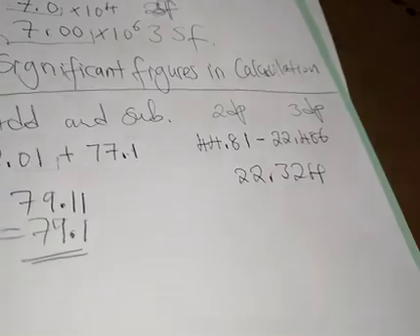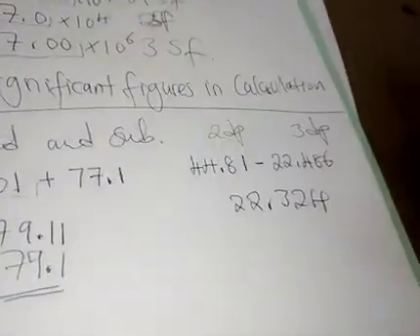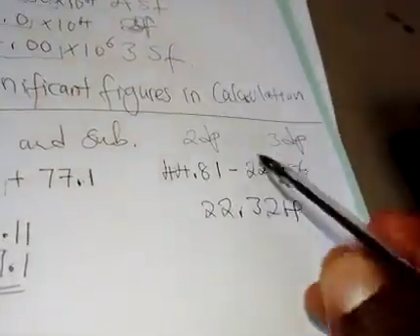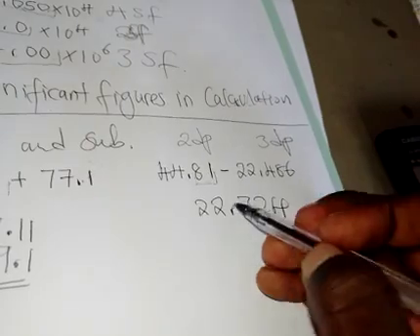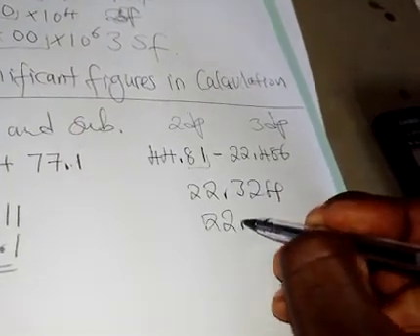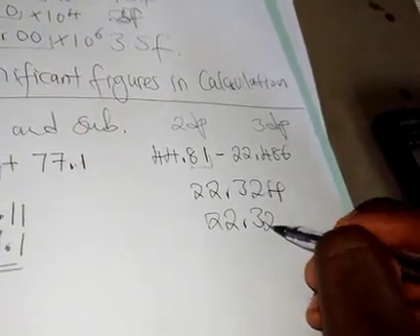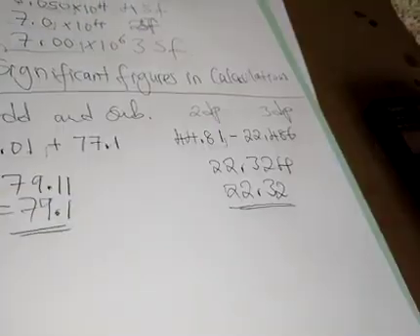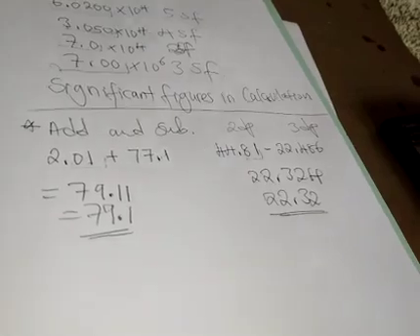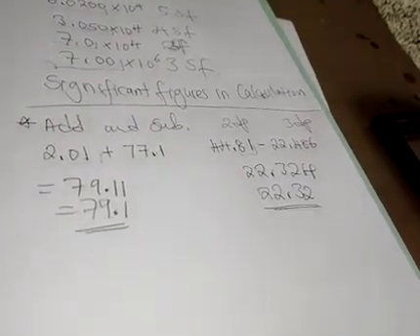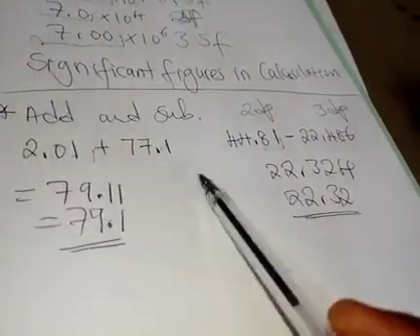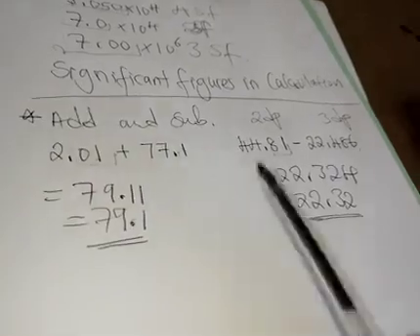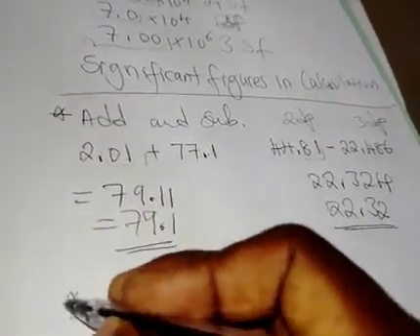So 22.324 should be reported correct to 2 decimal places, because this one has 2 decimal places. So say 22.32. I have reported that correct to 2 decimal places. So you have to round off to the least decimal place depending on what you had initially. So that's the rule for addition and subtraction. Hope you get the concept.